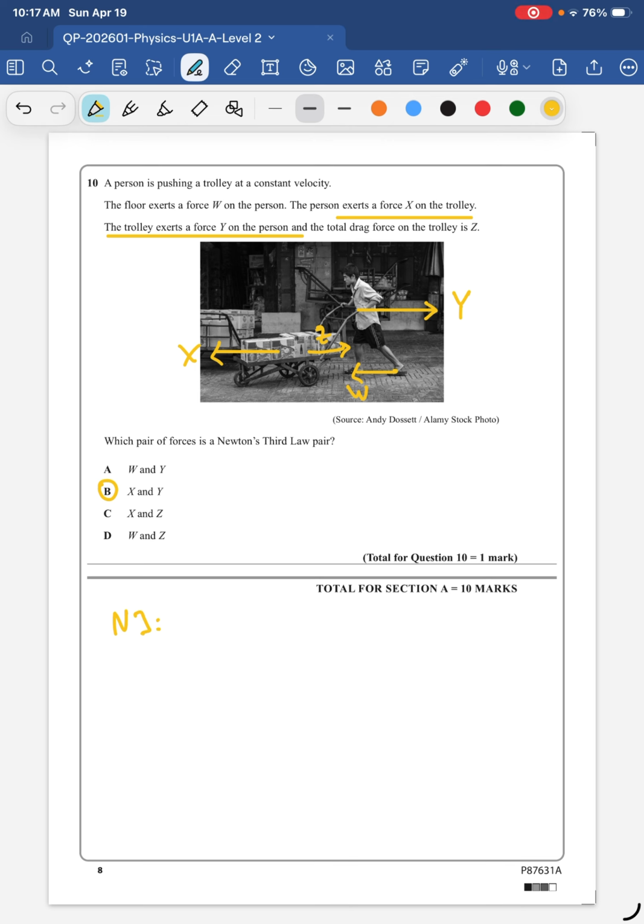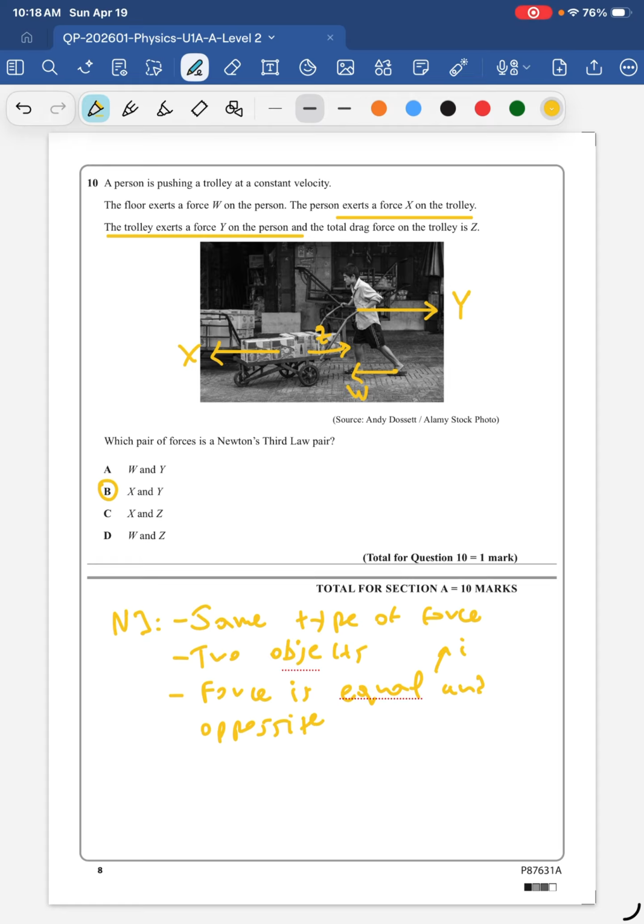Newton's third law says that we need to have the same type of force, on two different objects, and the forces are equal in magnitude and opposite in direction. Okay, so this was section A, guys.